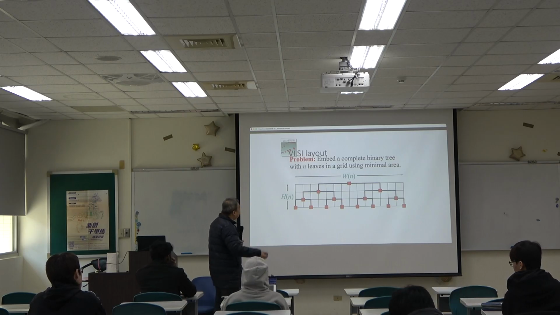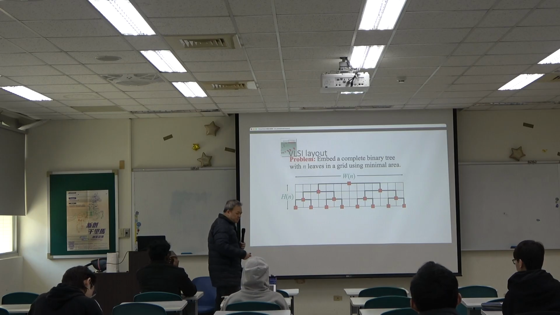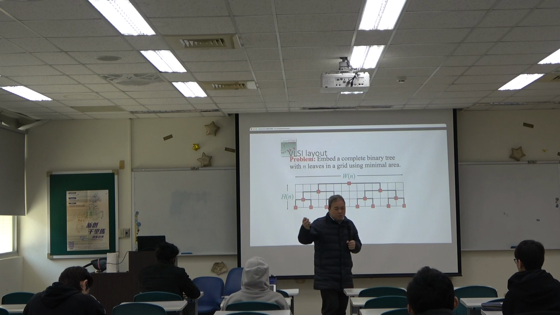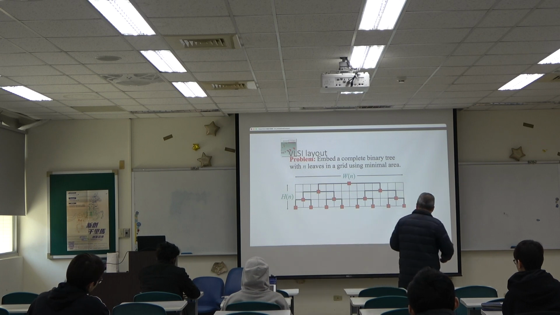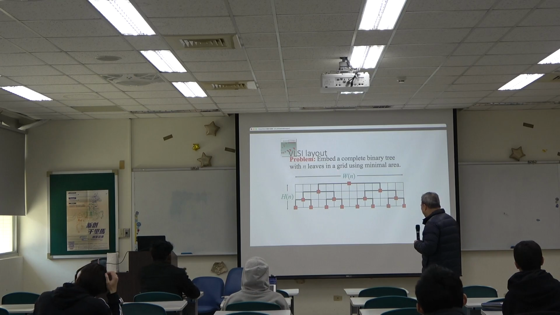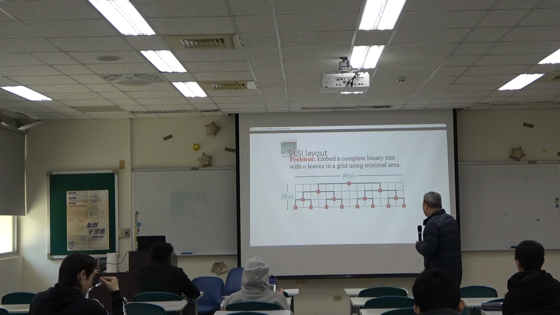Because we are talking about a complete binary tree, n must be 2 to a certain power, right? So the width, W(n), will be n, basically the number of leaf nodes represents your width.